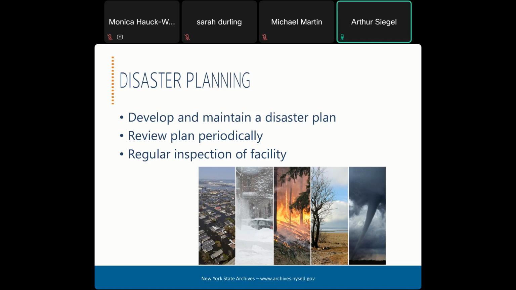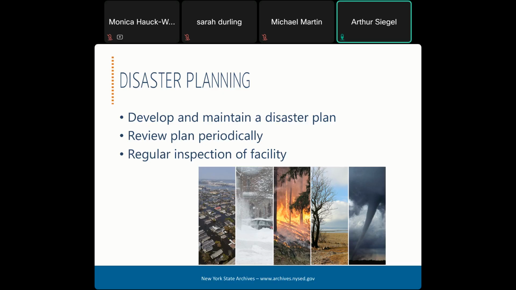But among other things, a good plan should entail what might be considered preventative maintenance that could help avoid or mitigate a disaster, such as regularly checking for leaks and mold and making sure fire prevention equipment is functioning properly. Remember, routine maintenance and regular inspection of your facility can potentially prevent a lot of headaches later on.